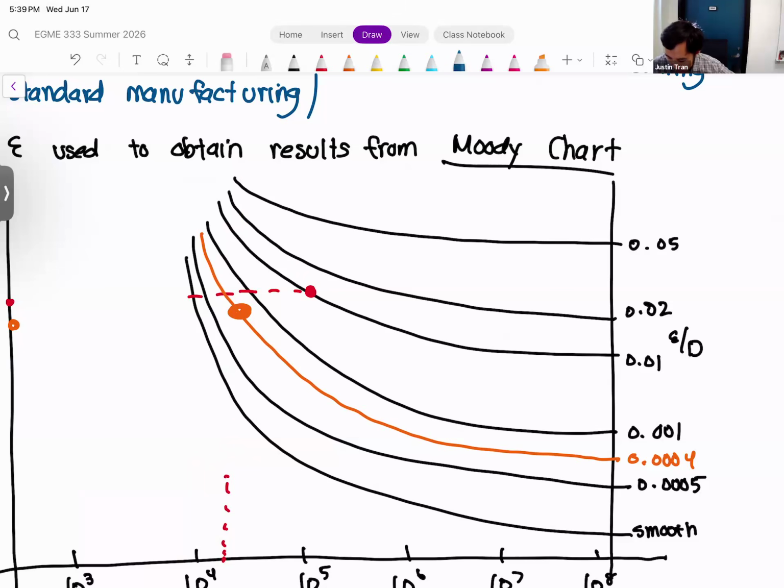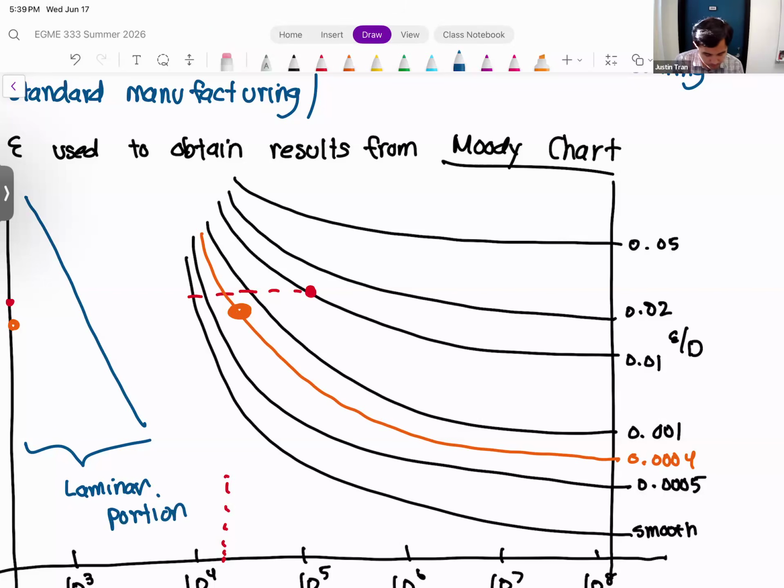So actually there's another part here which just kind of looks like a straight line, where this is the laminar portion of the Moody chart. And so even for laminar flows, you can use this Moody chart method to compute the pressure drops.